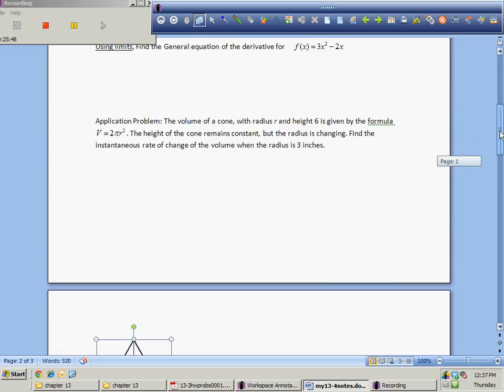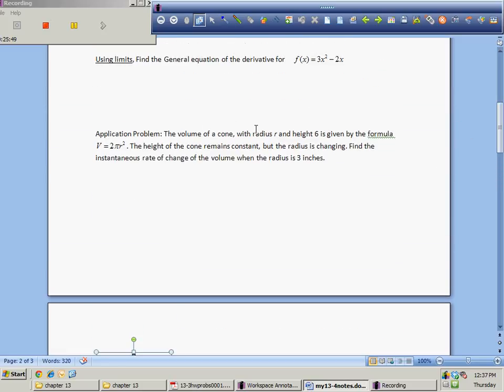The question says, the volume of a cone with a radius r and a height 6 is given by the formula 2 pi r squared. So the height of the cone remains constant, but the radius is changing. Find the instantaneous rate of change when the radius is 3.